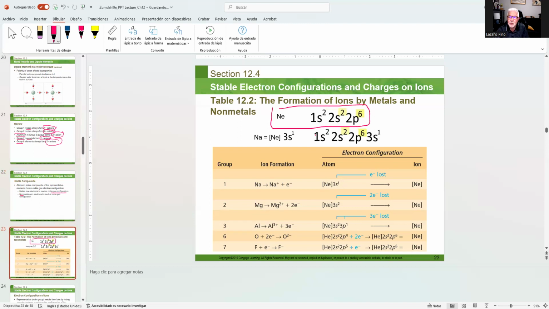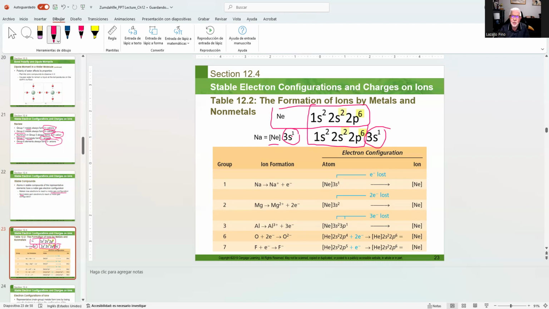If we go to sodium, this is its configuration. Look at this: this part of the representation is the same as neon. So we can represent it in a short way using neon, and then the valence electrons, that in this case we have one valence electron, which is the one that is lost in an ionic compound.